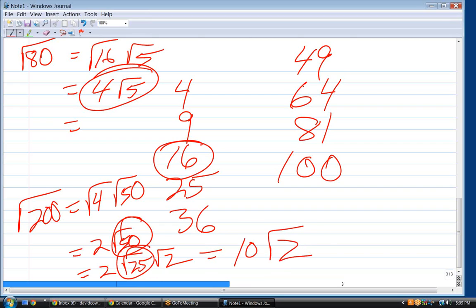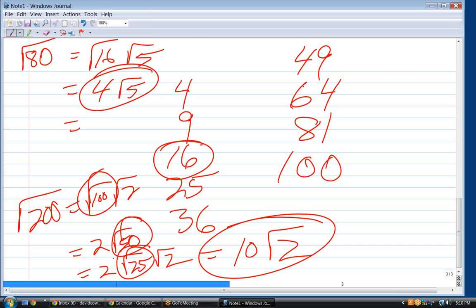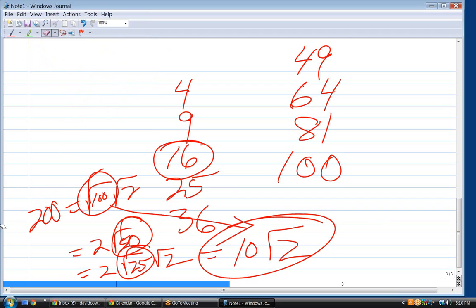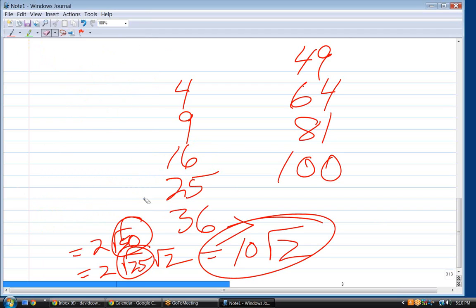In other words, I still get to the correct answer, even though I didn't do it the most efficient way possible. I had to do it in multiple steps. Whereas when you did it, you spotted right off the get-go that it was 100 times 2, and that becomes 10 immediately, so you immediately get to this answer. Yeah. That's the secret of radicals, is factoring, really. Do you have some others?